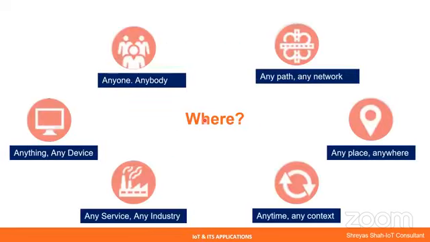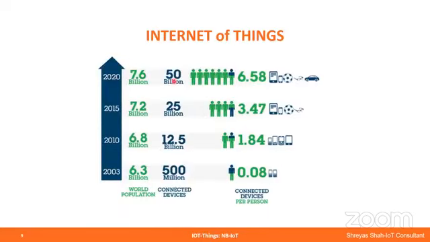Now we have been talking about how, what, where. Since this era is booming on IoT, this is quite older data, but per person, if I am a single person, earlier, in the 2000s, we were connected to 0.08 devices.